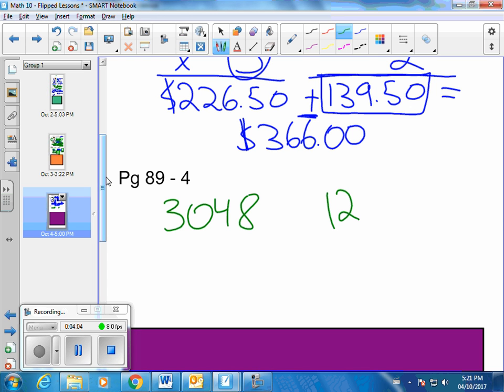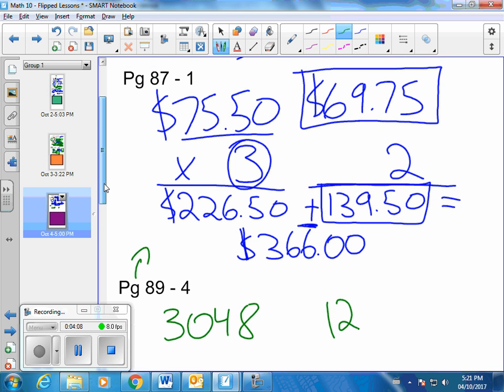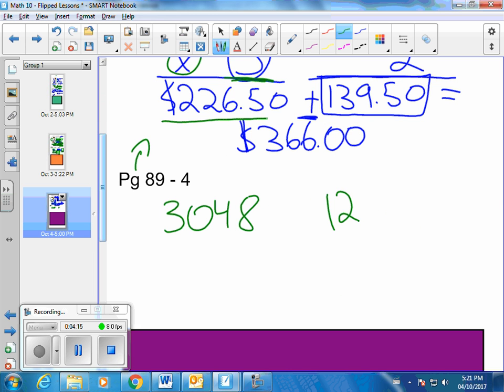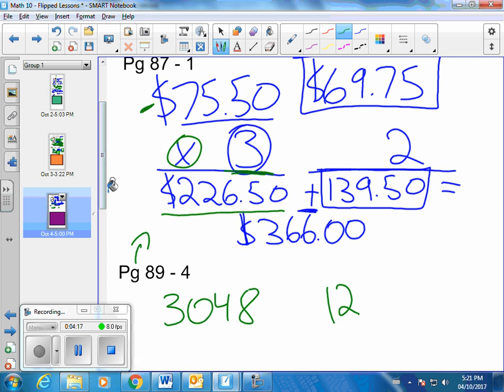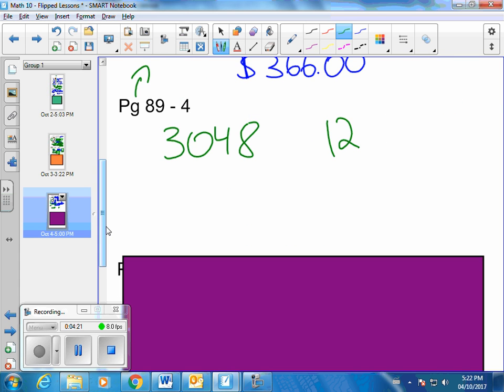This is the complete opposite of the previous question. For that one, we took our price per unit, we multiplied it by the number of units we had in order to find our total. We know our total in this question, so now we're going to be going backwards with the same method. So the opposite of multiplication is division. So we know that if he works 12 jobs and that's his total, he gets $254 per job.